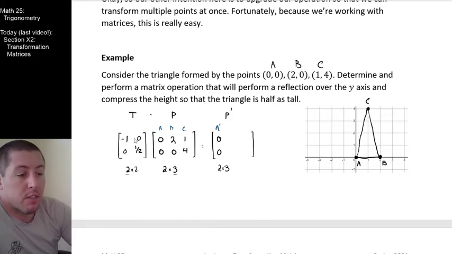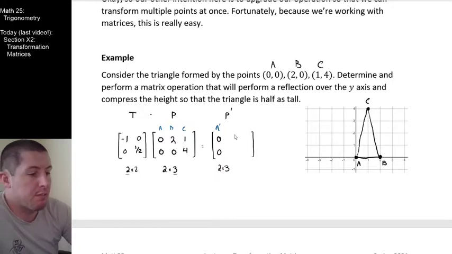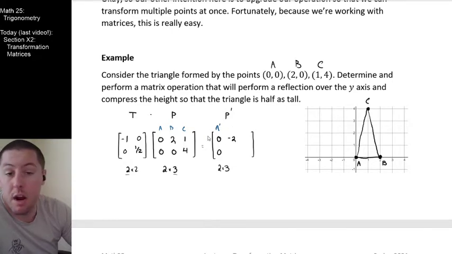So that makes sense to me. For our next one, let's find this upper middle one. This should be in the first row, second column. So I'm going to do first row dotted with the second column. That's negative 1 times 2, which is negative 2, plus 0 times 0, which is 0, and that gives me negative 2. Now second row, second column.